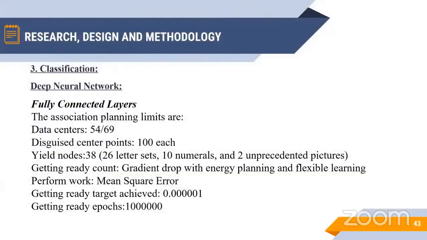With the fully connected layer, the input is 54 by 69, and the hidden nodes number 100 each. And the output nodes are 38. All these layers are connected with nodes in the deep neural network. The performance function is the mean square error.